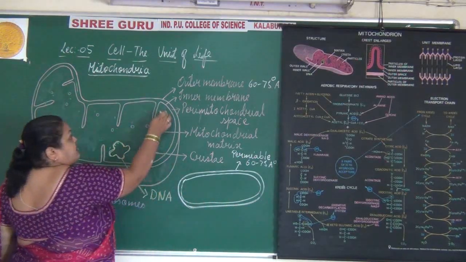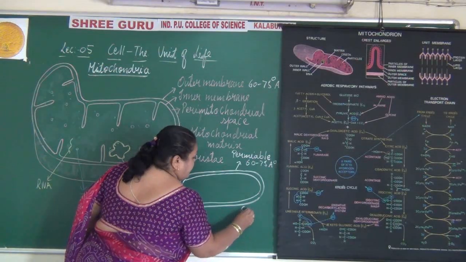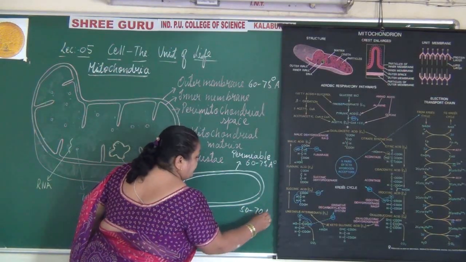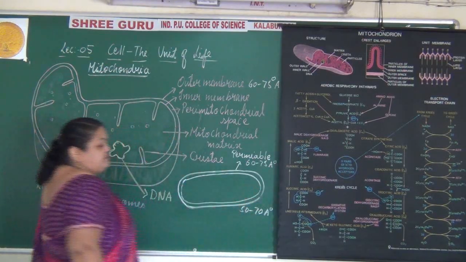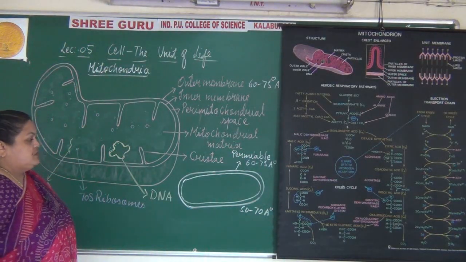The inner membrane is around 50 to 70 angstroms.